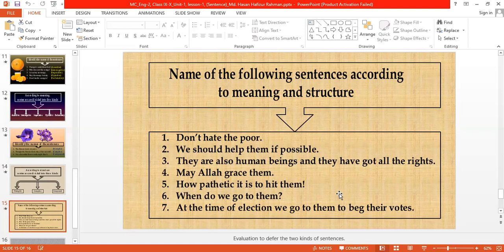May Allah grace them. This is an optative sentence, and number five, how pathetic it is to hit them. This is an exclamatory sentence. When do we go to them? This is an interrogative sentence, and punctuation also at the end of the sentence. At the time of election, we go to them to beg their votes. This is a simple sentence, also assertive.